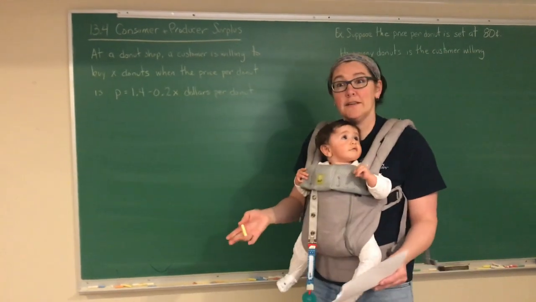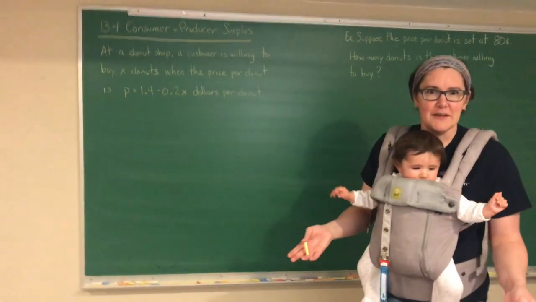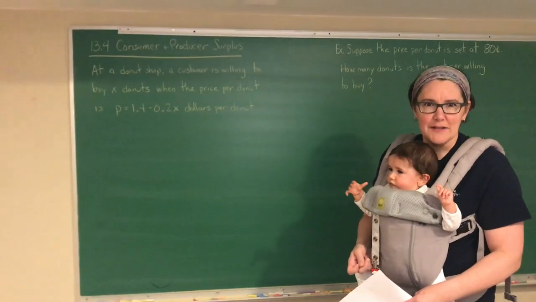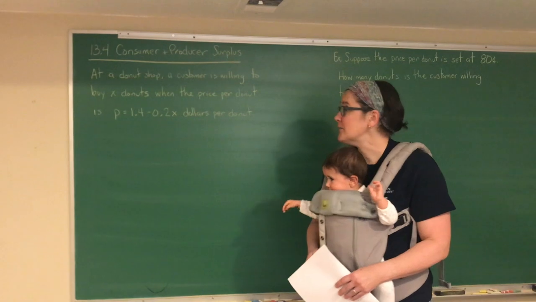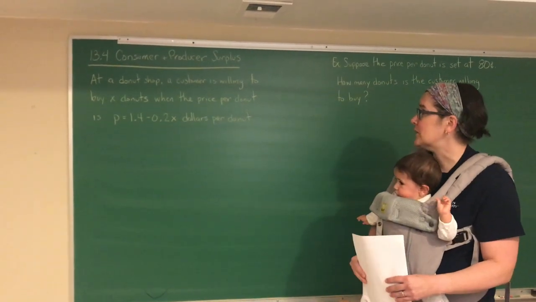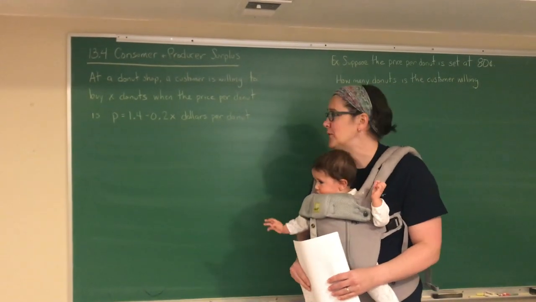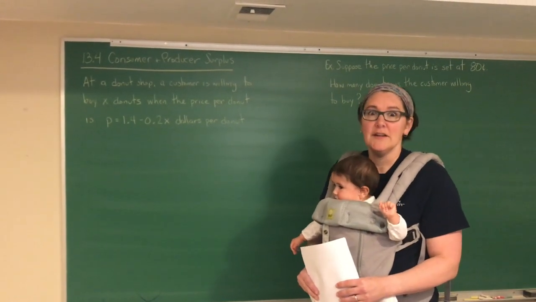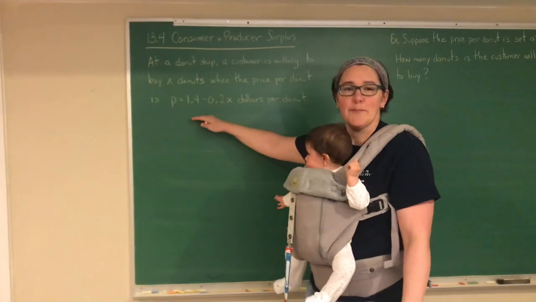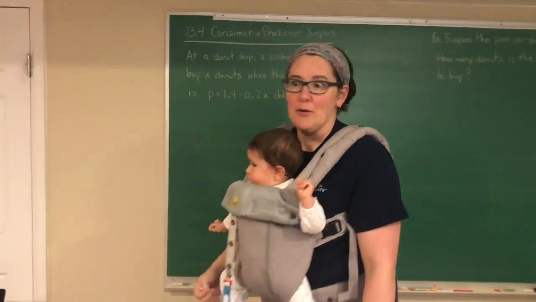We're going to continue with the example from the beginning of class: at a donut shop, a customer is willing to buy X donuts when the price per donut is P equals 1.4 minus 0.2X dollars per donut. Let's start by graphing this function.